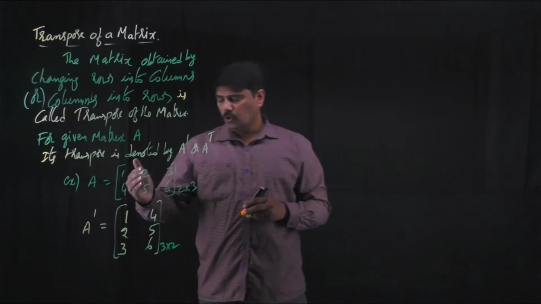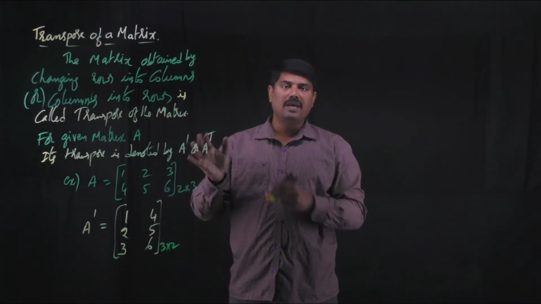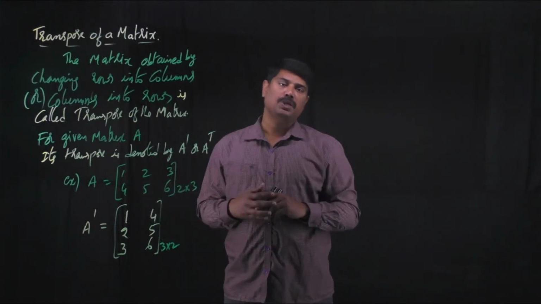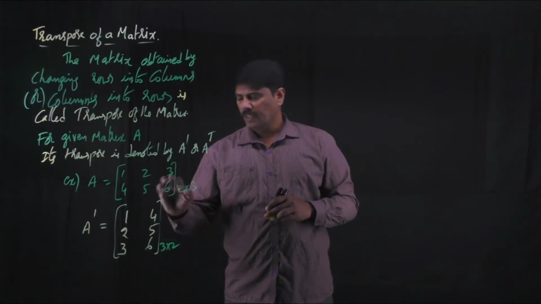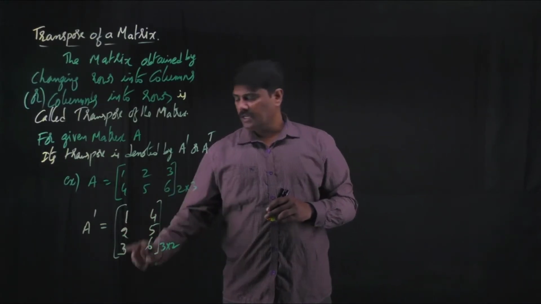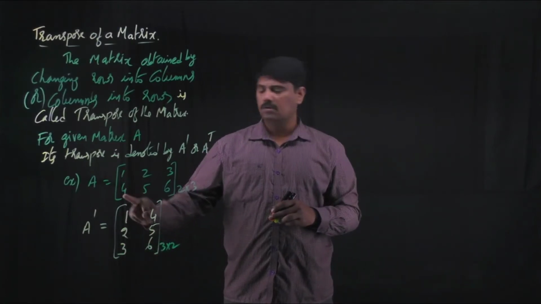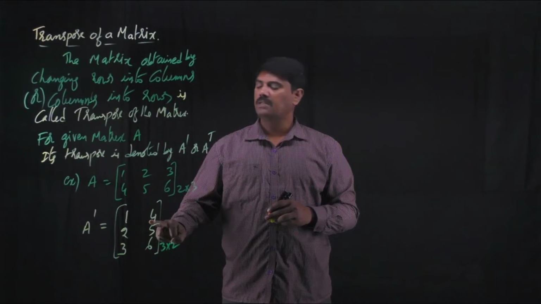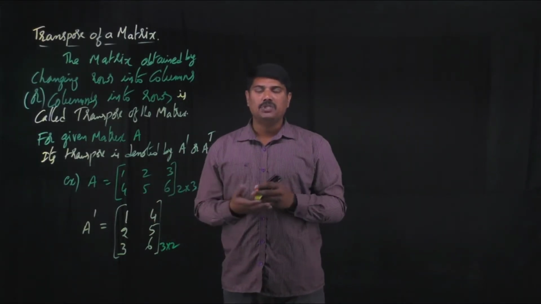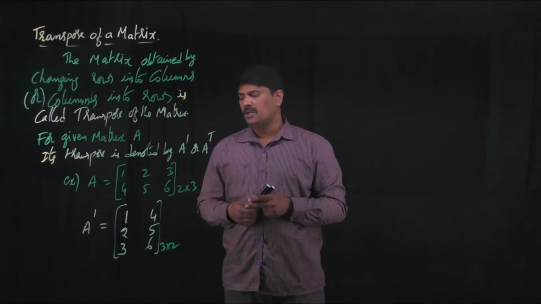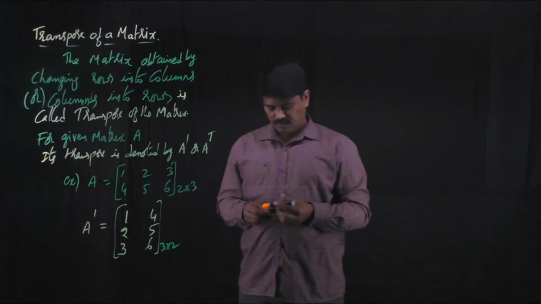The elements are the same, but they only interchange their positions. The first row, third element 3 comes as the third row, first element. The second row, first element 4 becomes the first row, second element. The elements are the same, only their positions are reversed. Such a concept is said to be the transpose of the matrix.